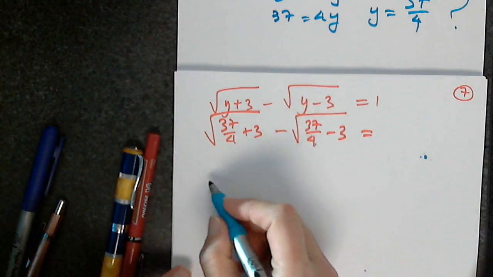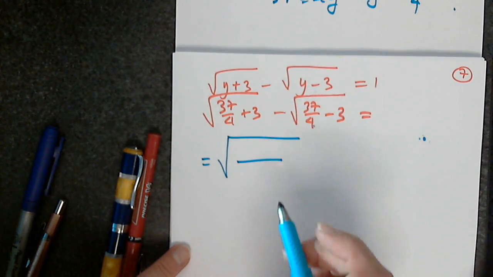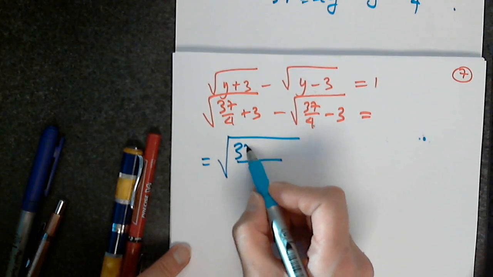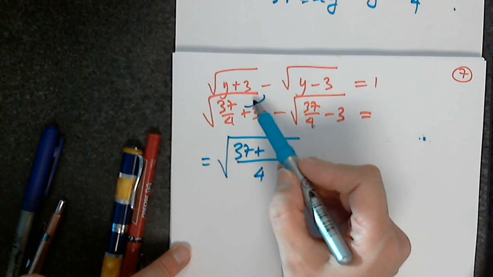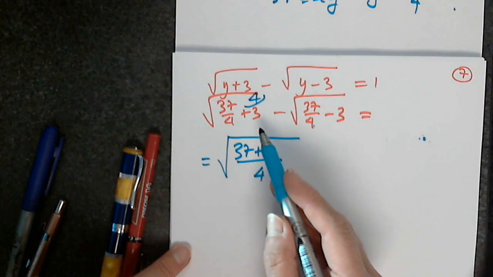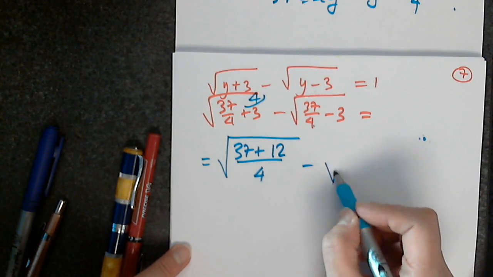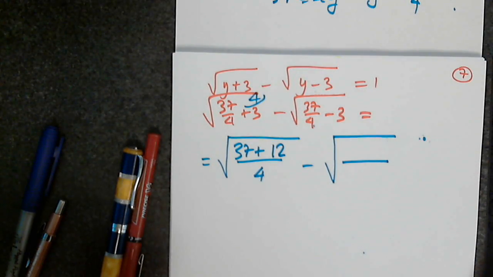Okay. The least common denominator in the first radical. So then that's 37 plus, oh, I know. It's 12. Good. I have to multiply by 4. So plus 12 minus the least common denominator in the second radical. Good.